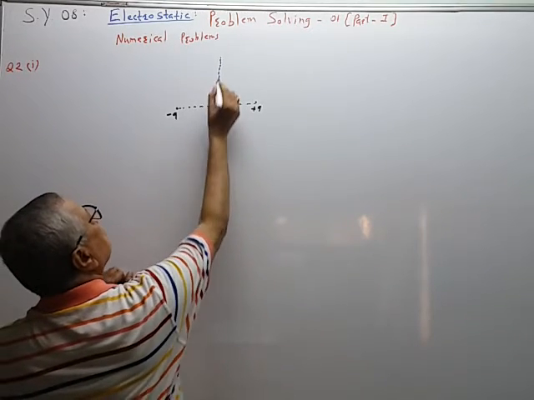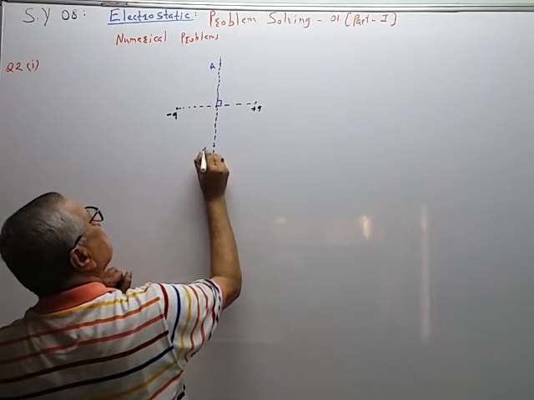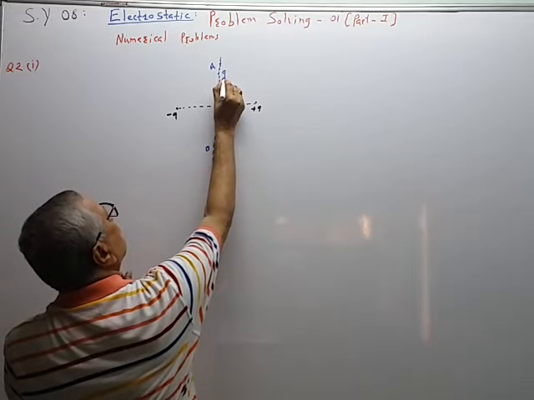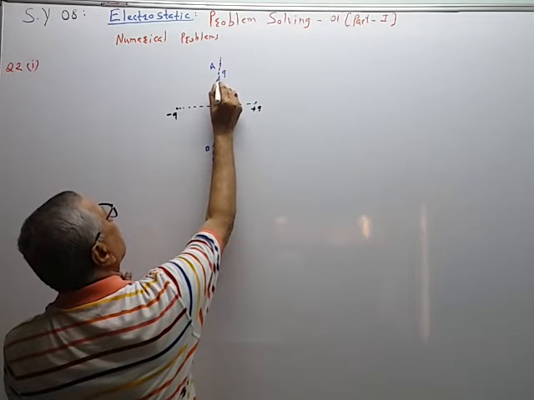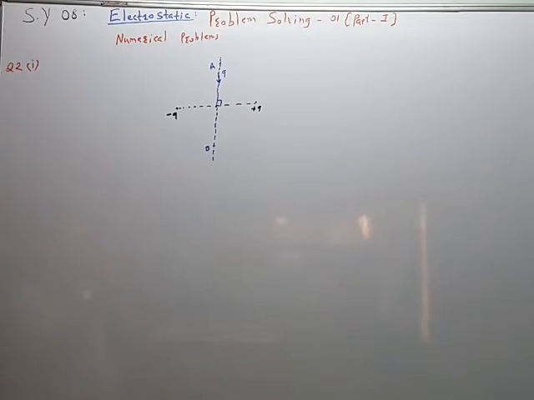This angle is 90 degrees. Here is the point A. Here is the point B. So charge Q is moved in this direction, like this. So what is the work done WAB?